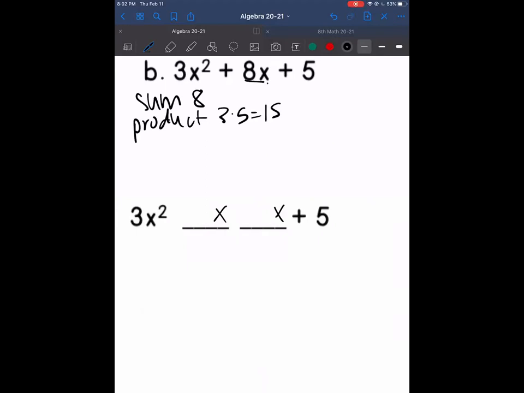And x was our variable for both of those. So do not forget your x. But I have 3 and 5, and I know that I'm going to need to group and pull out a greatest common factor. So I'm going to write my 3 over here by a 3, because I know that I can pull 3 out, plus 5x.